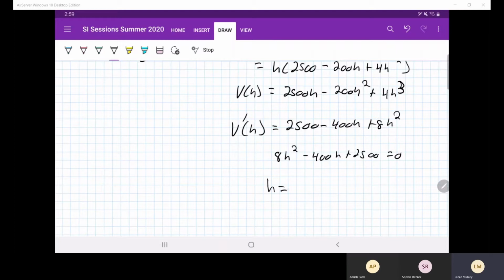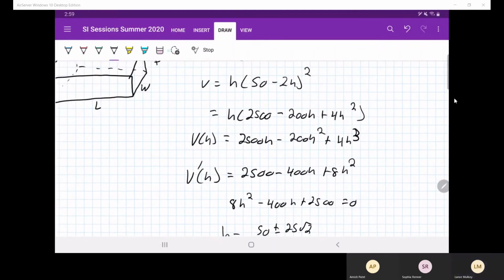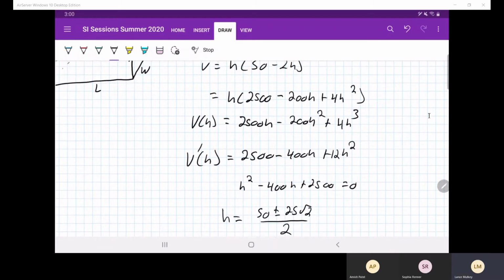You get H equals 50 plus or minus 25 root 2 over 2. I had to change this earlier. When I distributed the H, I forgot to write a cubed right here. So I wrote 2 instead by accident instead of 3. But then when I took the derivative, I multiplied. There you go. I see what you're saying. I wrote a 2 and didn't change the rest of it. Thank you.